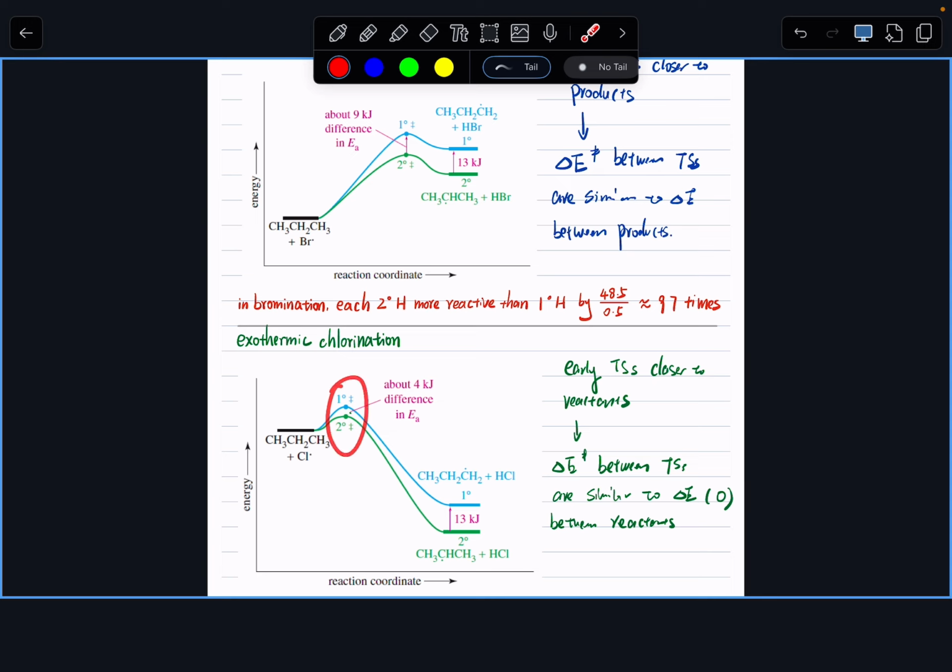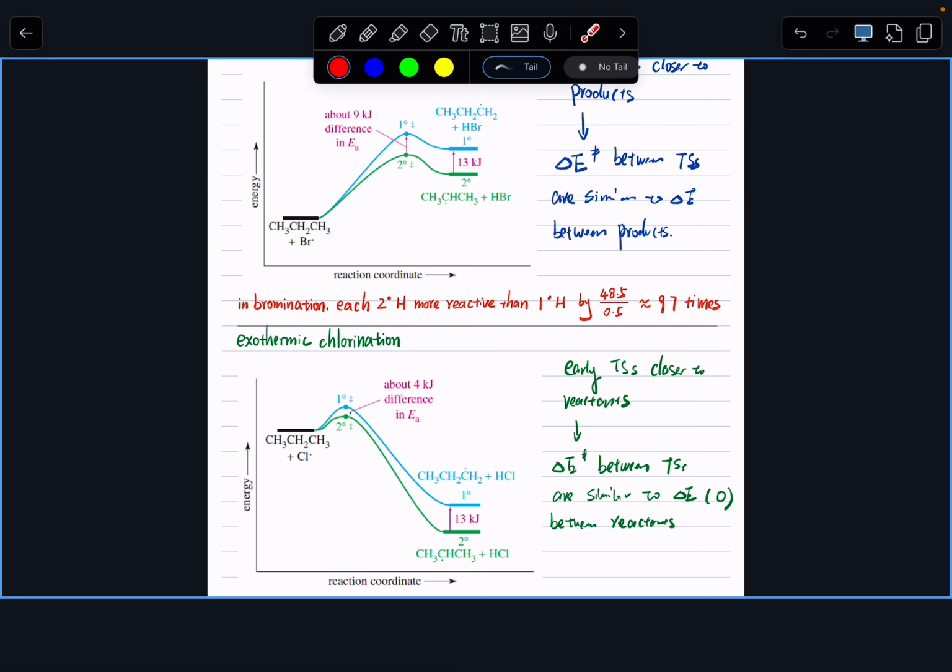In comparison, in the chlorination, my transition state is an early transition state, and hence much more likely to behave like my starting material or reactant and not be selective.